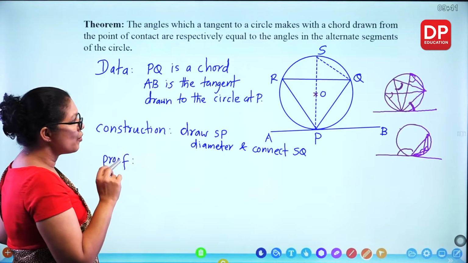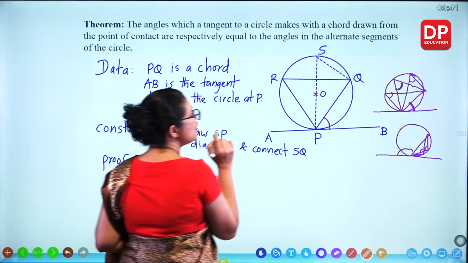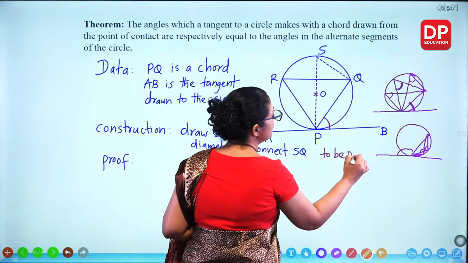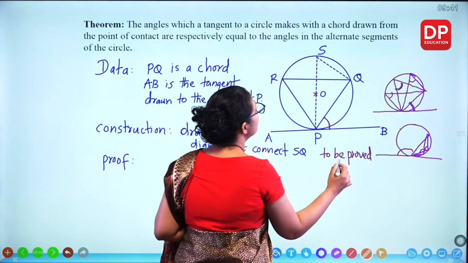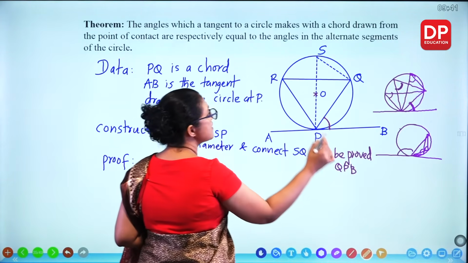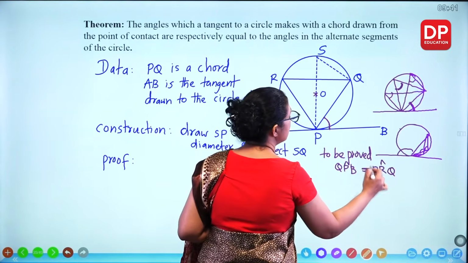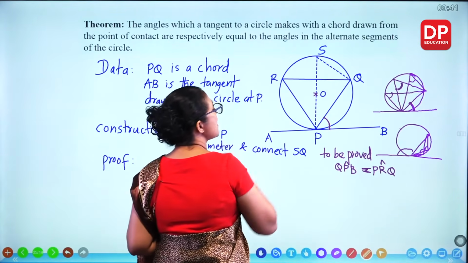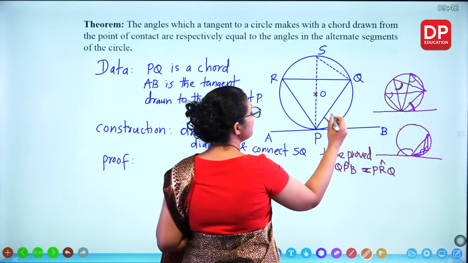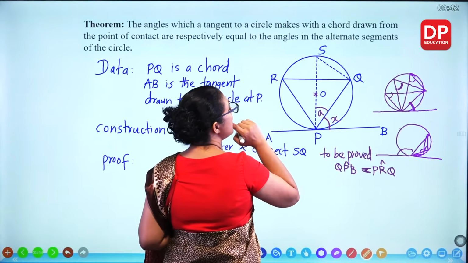We need to prove that QPB angle is the same as PRQ angle. So this is the alternate segment, and this is equal to this. We'll take this one as X, this one as A, and this one as Y.